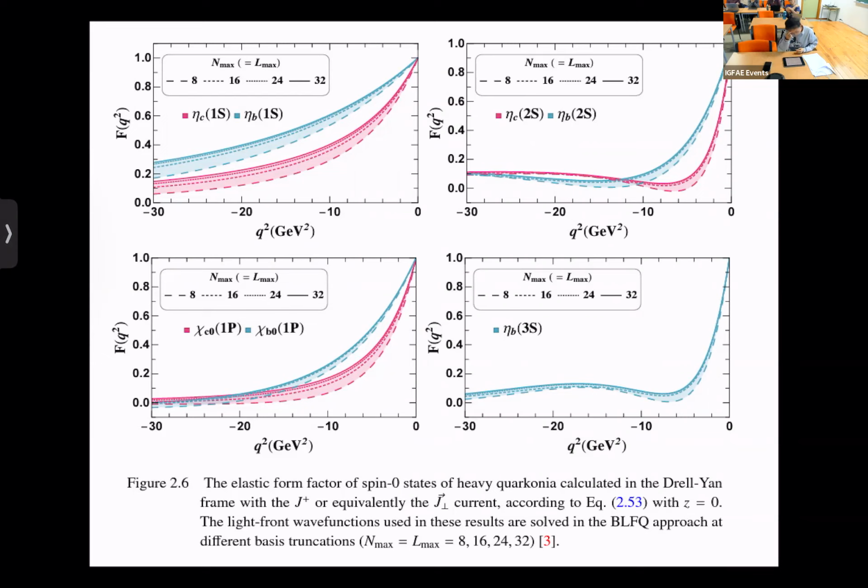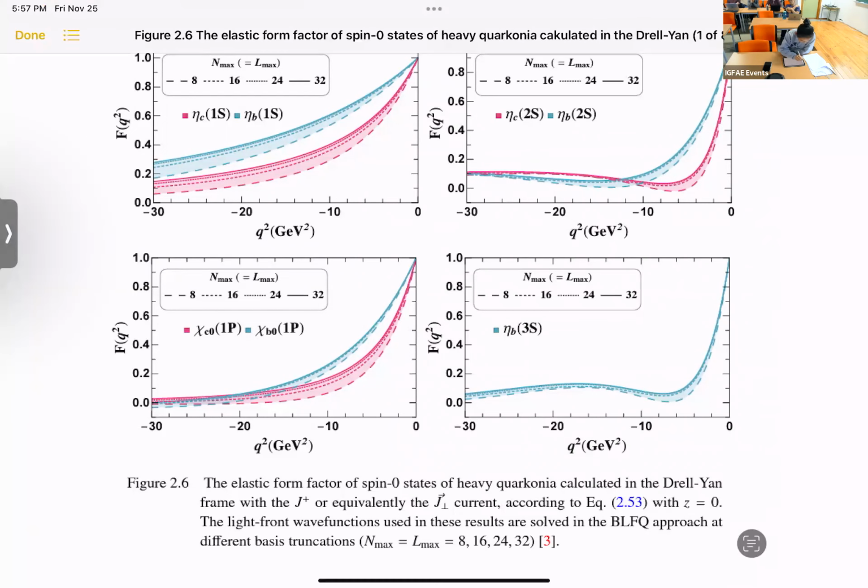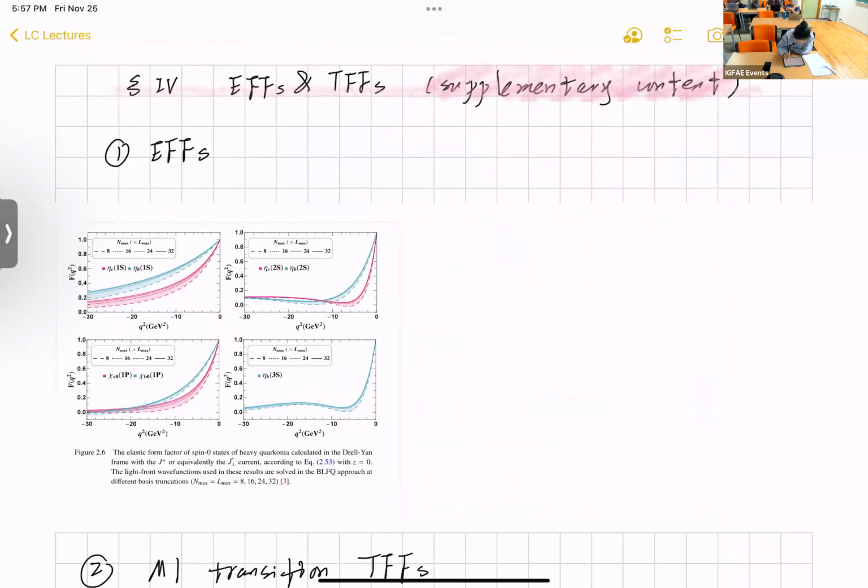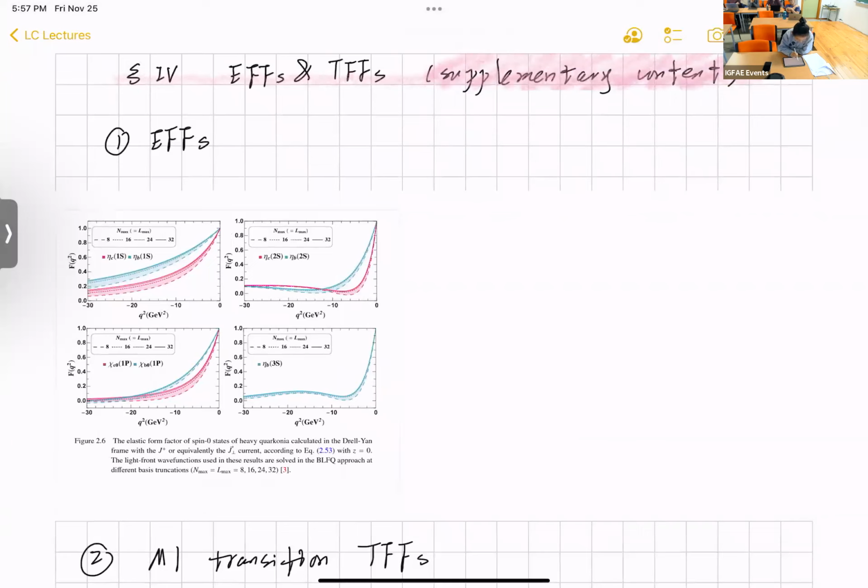If you think about the convolution picture that I told you, if you are convoluting two wave functions that have a node, then in the form factor you would also have a structure like this. Okay, so that's the elastic form factor, and we did it for the simplest case of spin 0 mesons.